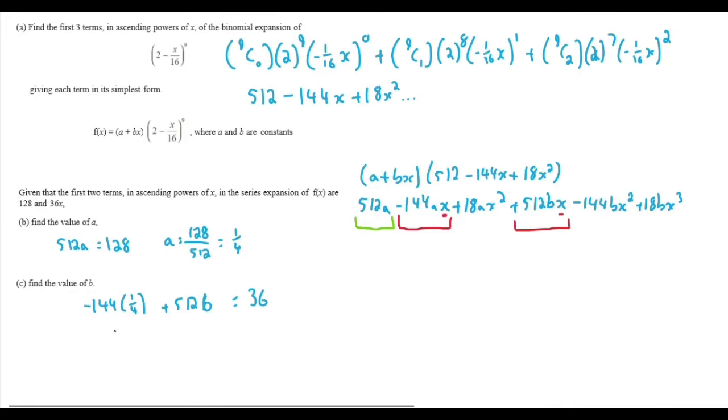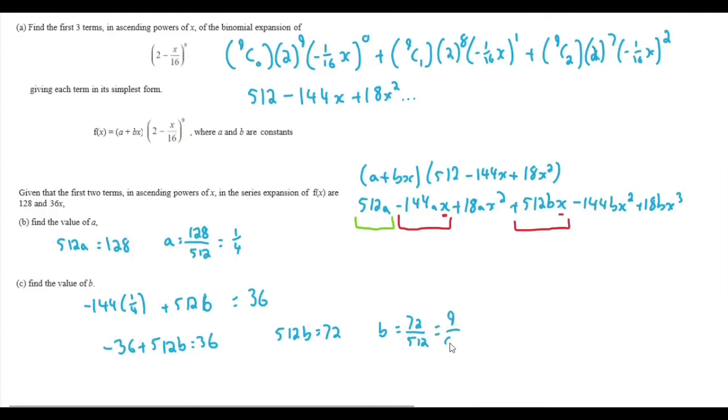The minus 144 divided by 4, that's just going to be minus 36 plus 512b equals 36. Add the 36 over, 512b equals 72, and so b is going to equal 72 over 512, which will simplify, if you put that in your calculator, to 9/64.